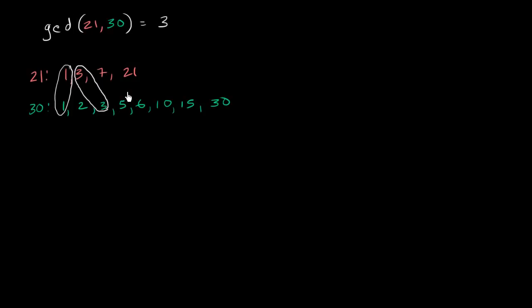Now, I keep talking about another technique. Let me show you the other technique, and that involves the prime factorization. The prime factorization of 21, well, it's divisible by 3. It is 3 times 7. And the prime factorization of 30 is 3 times 10, and 10 is 2 times 5.